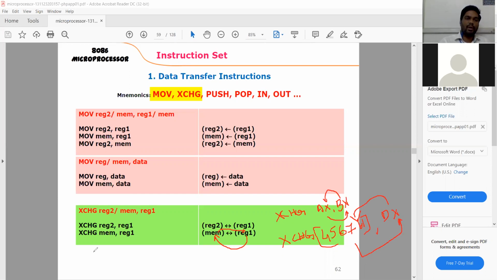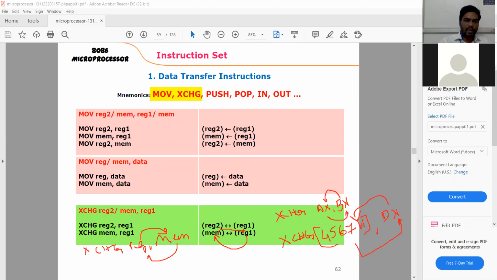Okay. Here we can also have another one, XCHG register comma memory. That means we can also transfer the contents of a memory location to the register and the contents of the register to the memory location. This is also one possibility we have.